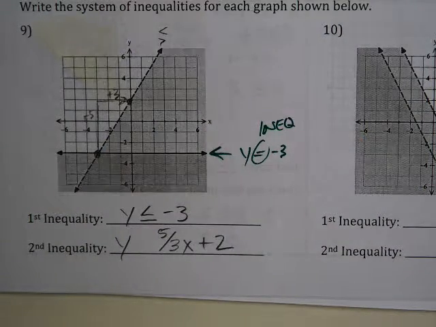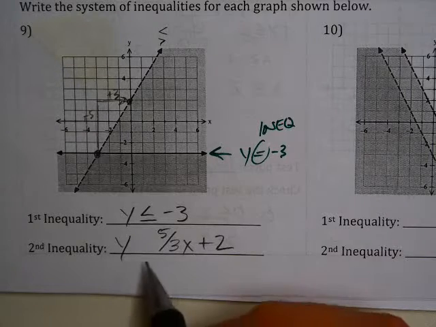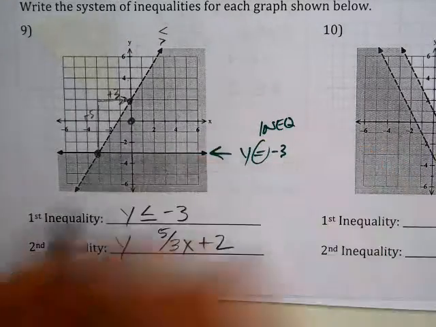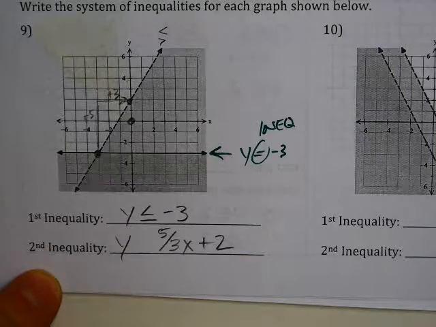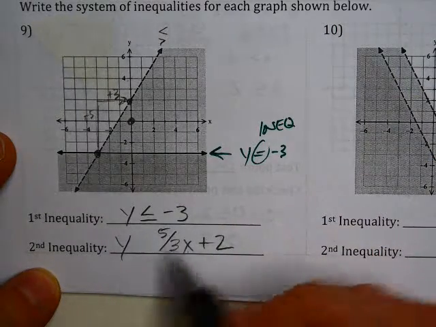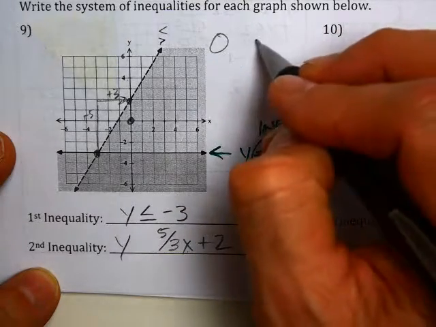Now, I can't leave it this way. I have to put the inequality in, but I don't really know where it goes. So I pick a point that's in the shaded region, something that I know is true, and I plug it in. So can I use 0, 0? Is that in the shaded region for that line? Yeah, let's use that one. So if I plug in 0 for y and 0 for x, then I've got to put in the inequality that makes that true.